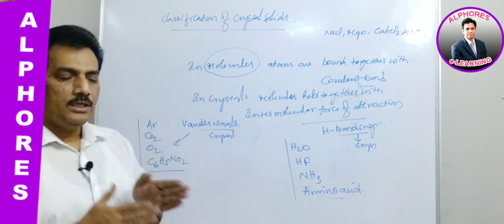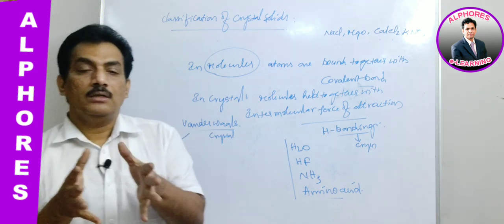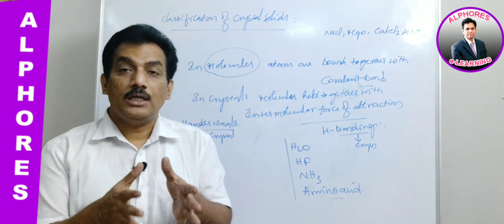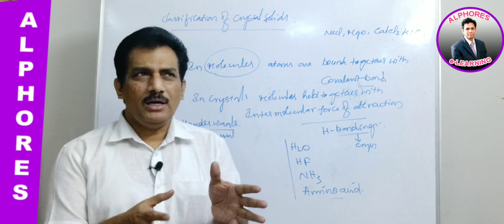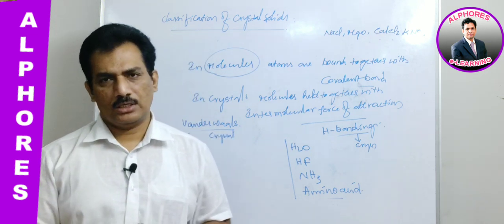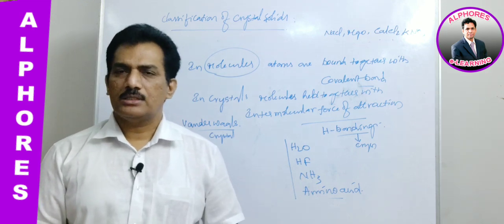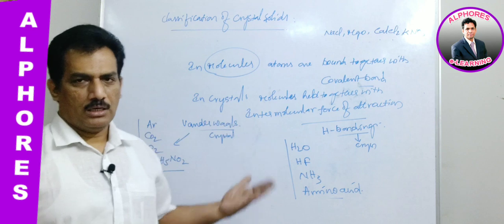Clear? Now in crystalline solids, depending on the bonding that exists among the constituent particles, they are classified into ionic crystals, covalent crystals, metallic crystals and molecular crystals.